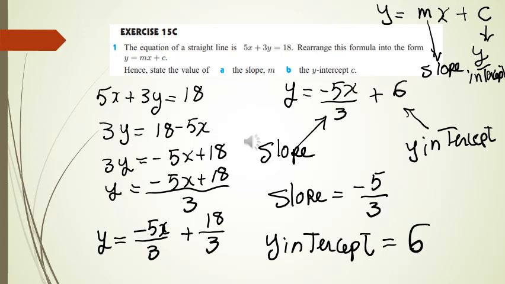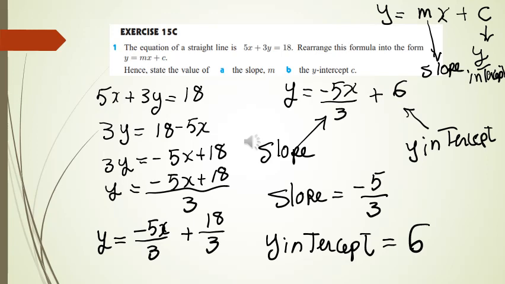If you look at 18 over 3, you will know that you can simplify it. So please do the simplification. 18 divided by 3 equals 6. So now you got the answer, and you arranged the formula in the form of y equals mx plus c. So it's going to be y equals negative 5 over 3 x plus 6.